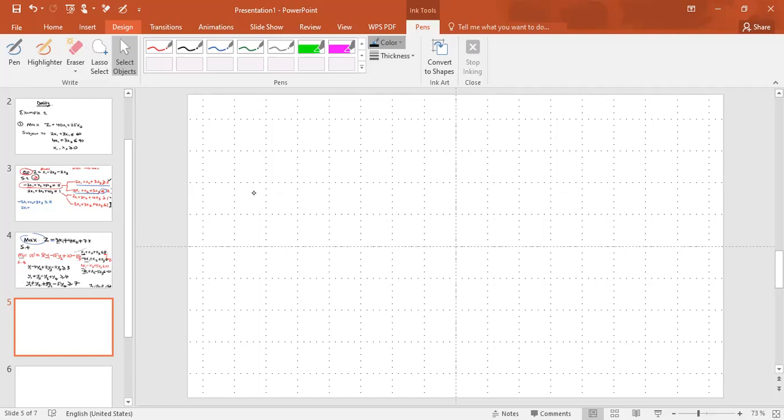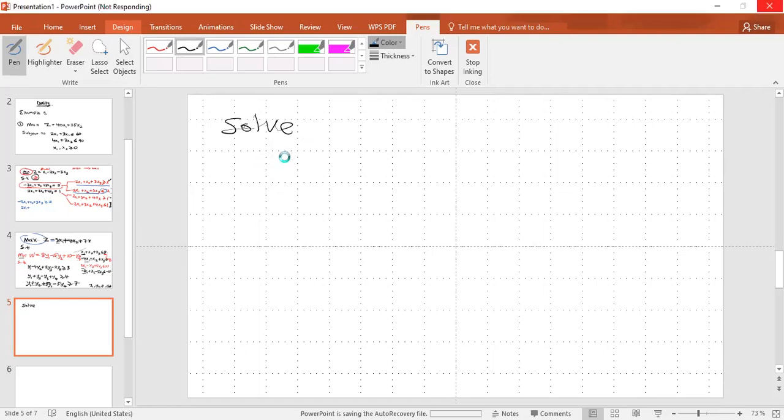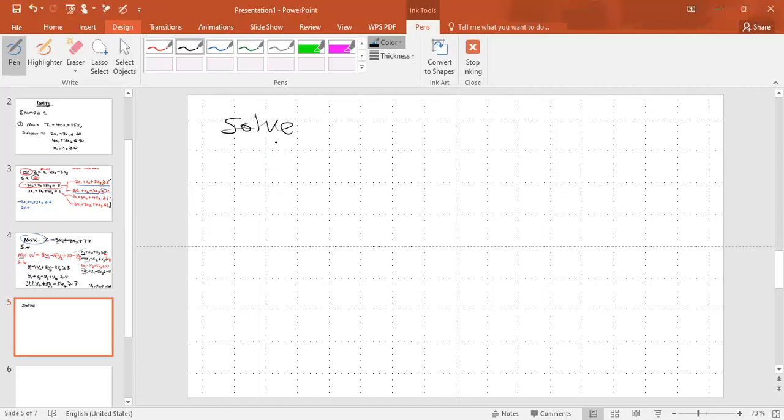Based on what was given, if they just say solve, the question is very open. Since there is an equal sign, it means we can use the big M method. You add the artificial variables.